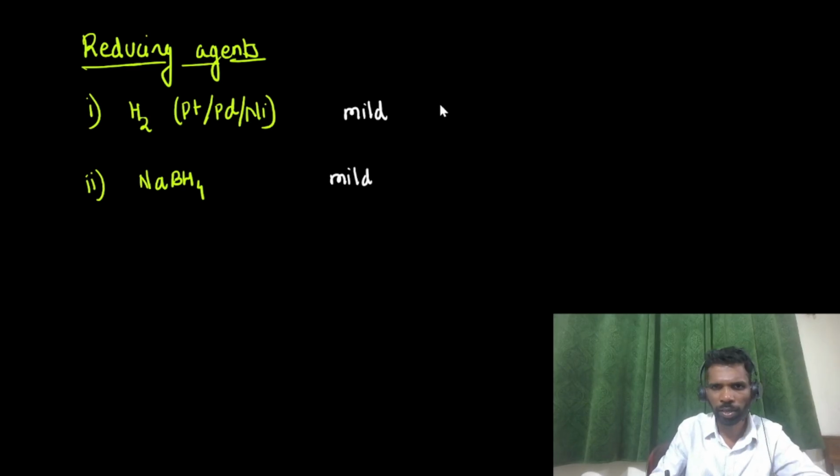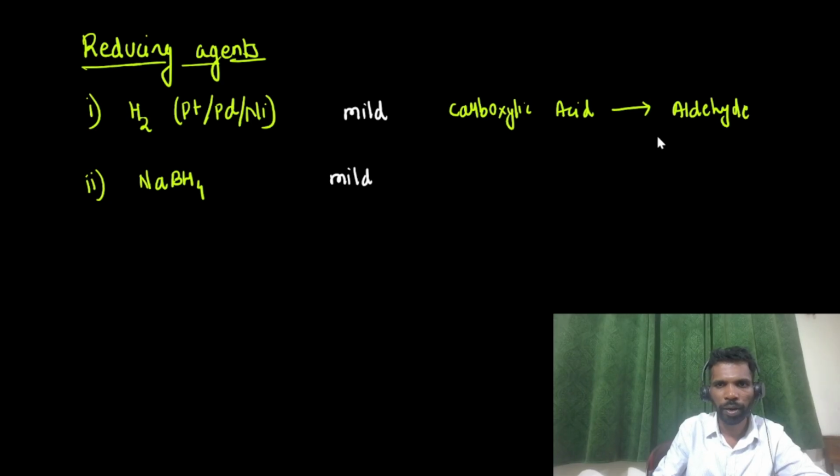Means if I start from a carboxylic acid, carboxylic acid will get converted to aldehyde. And if I start from aldehyde, it will get converted to what? Primary alcohol.